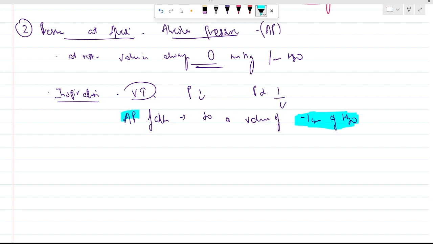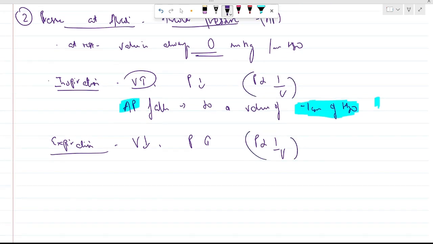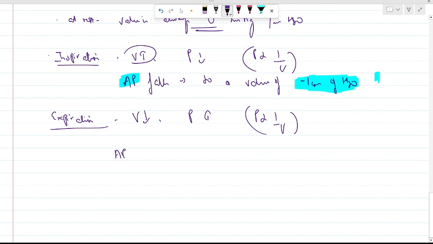So inspiration, AP falls to a negative value of minus 1 cm of water, and expiration, volume decreases, pressure increases. Pressure is inversely proportional to volume. We will apply this everywhere. Pressure increases, so alveolar pressure increases to a value of plus 1 cm of water.